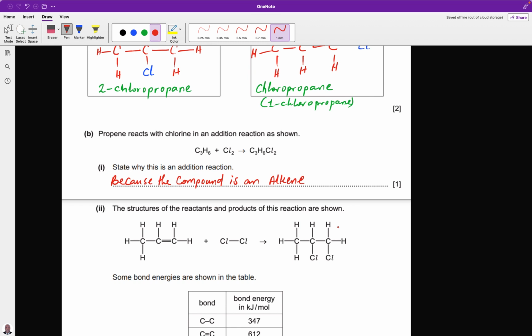The alternative you can put is the presence of a double bond. Writing that the compound has a double bond is acceptable.